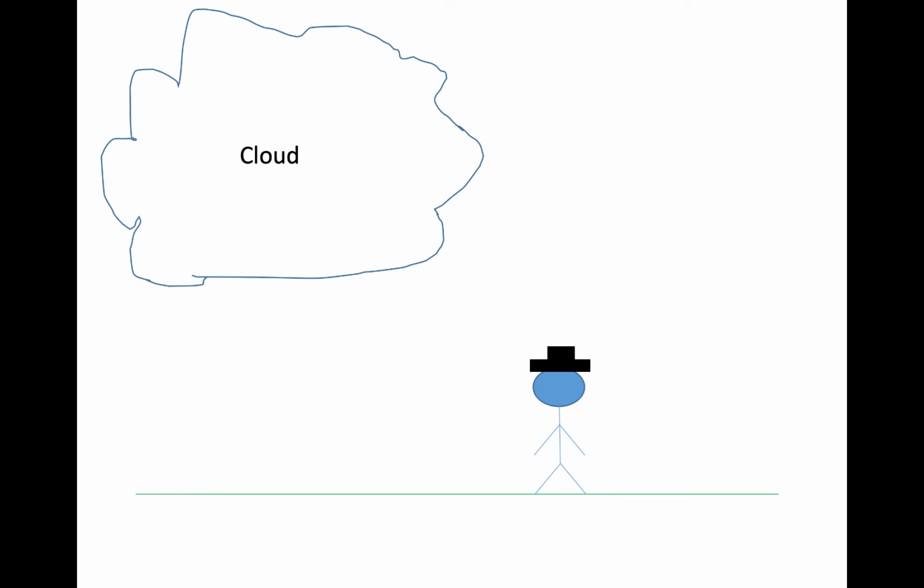An exact understanding of how lightning occurs has not yet been reached, but the basic mechanism is as follows. Here's a cloud that may become electrified, and here's a person on the ground.